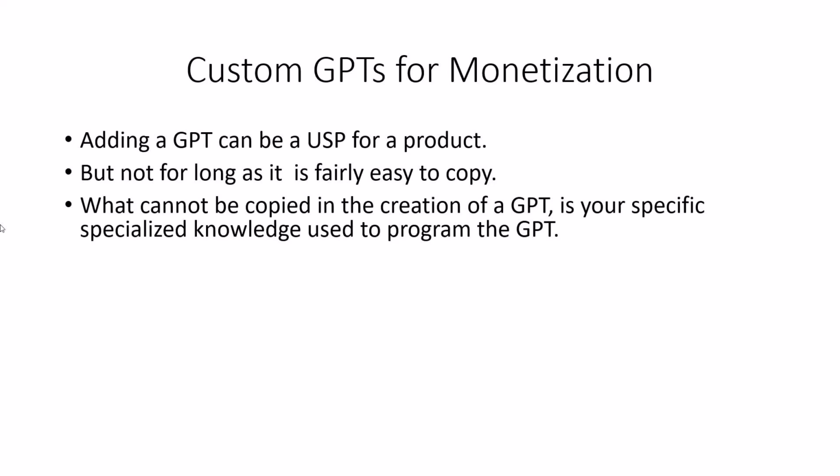Well, they can't copy any specialized knowledge I have. So when I program a GPT, I'm going to be creating something that depends on something I know, something I've learned that other people may not have learned. So again, if you're using common knowledge and common ways of approaching things, anybody can do that.